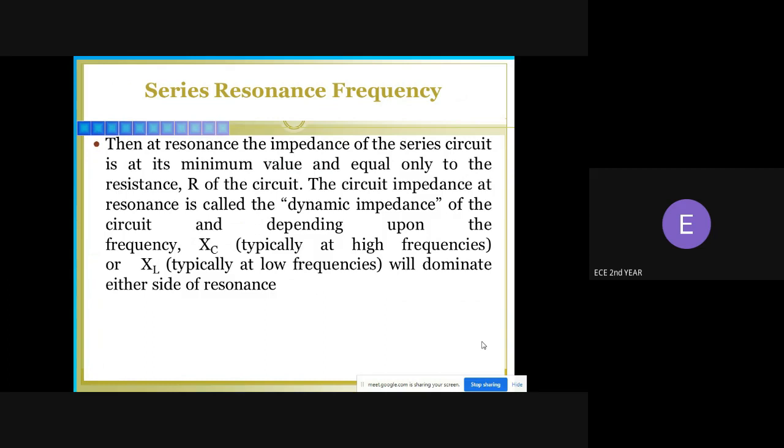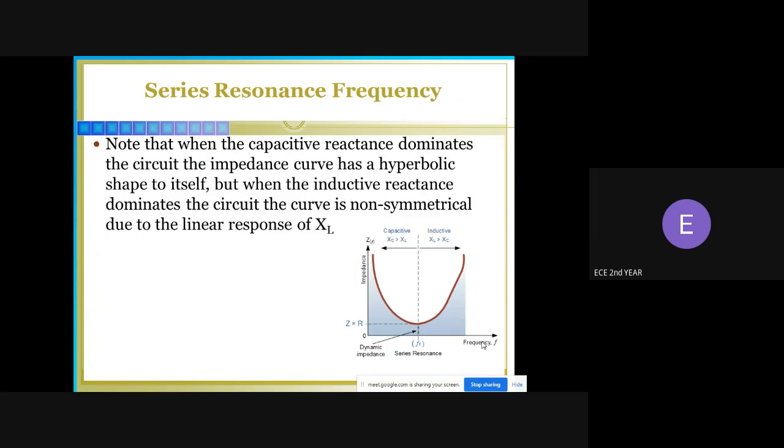In the graph we can see that. Note that when the capacitive reactance dominates the circuit, the impedance curve has a hyperbolic shape. But when the inductive reactance dominates the circuit, the curve is non-symmetrical due to the linear response of XL.